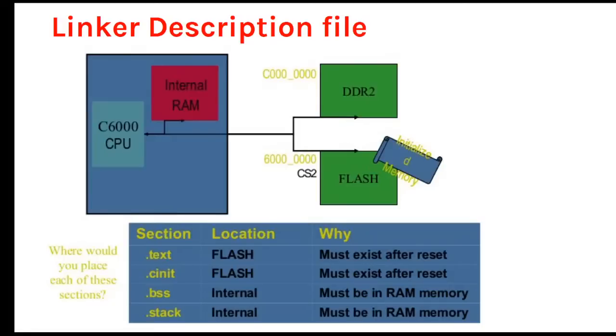In that case, the variables you could store on the RAM memory. All the segmentation coefficients you could store on the RAM memory, whereas the actual program should be on the flash memory.